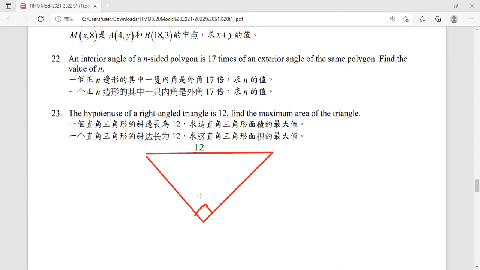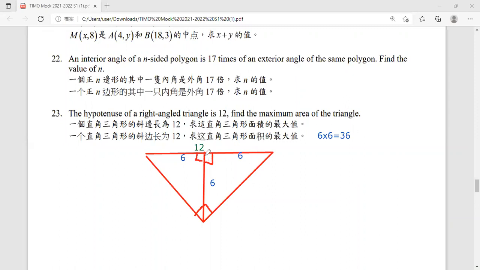So again, the answer is 36. That's it, 36.